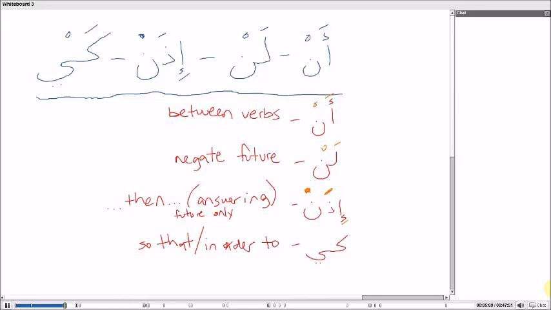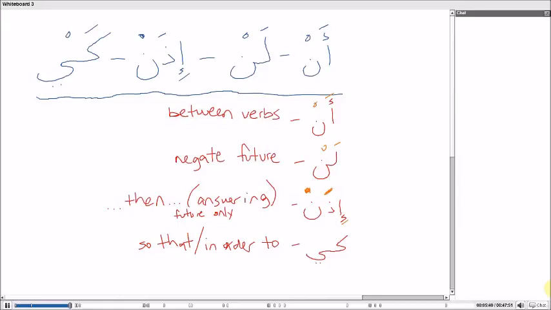So for instance, if someone said, sa'azuru madinatakum, I'm going to visit your city, you could say to them, idhan tuqima indana. Then you will stay with us. So tuqimu becomes tuqima because of the idhan. And then kay, which is so that or in order to, right?